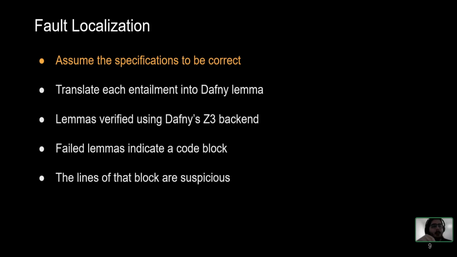The pre-state becomes a requires clause, and the post-state, generally a postcondition, becomes the ensures. And then we ask the Dafny verifier to prove it. If it fails, we mark all lines of that block as suspicious, and this gives us a list of potentially faulty statements without the execution of the code itself.